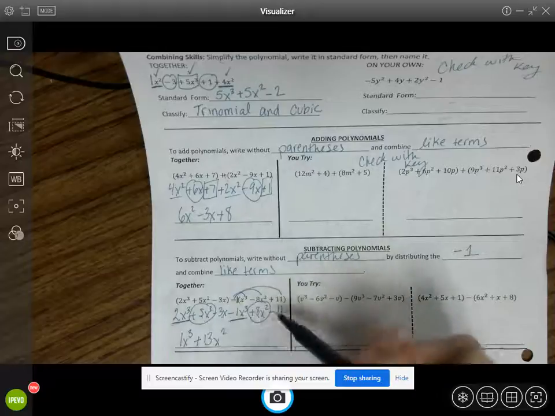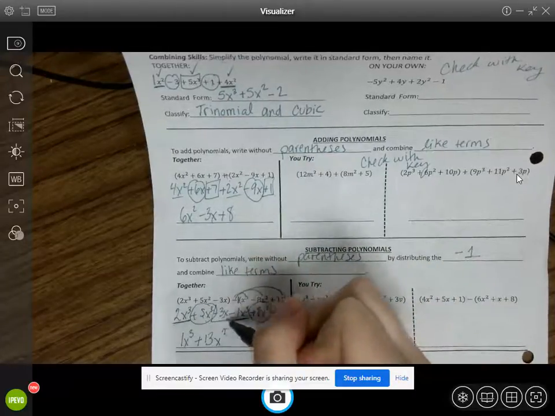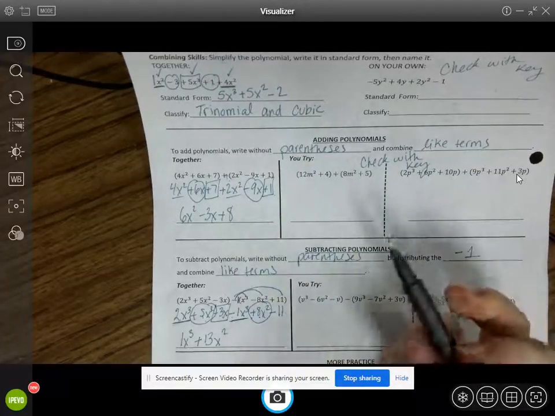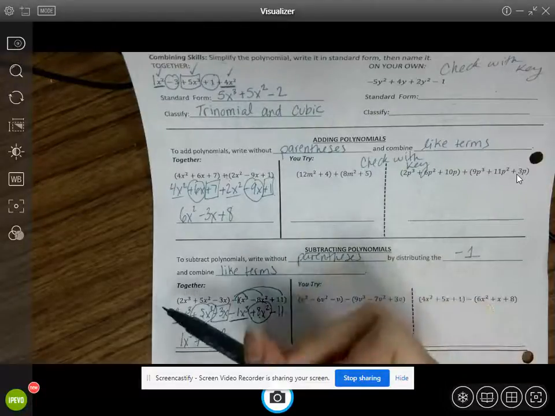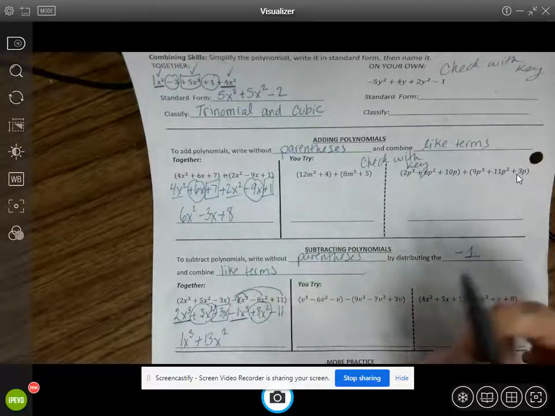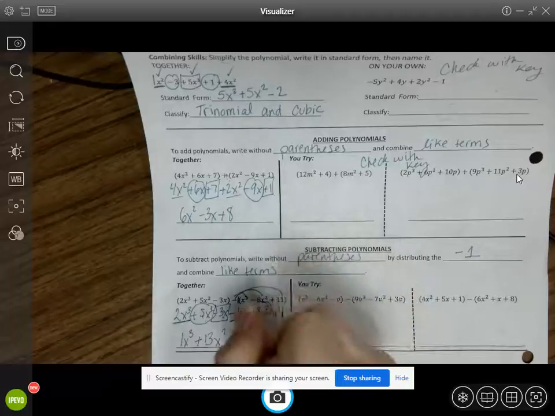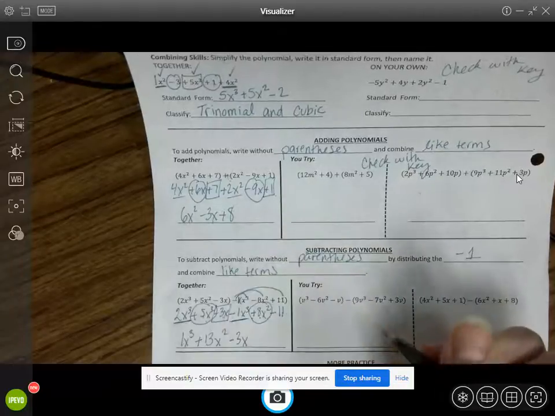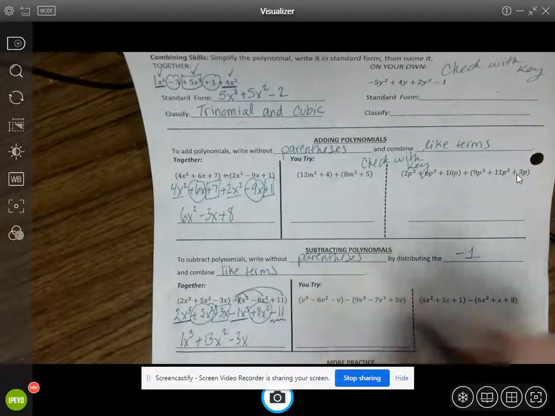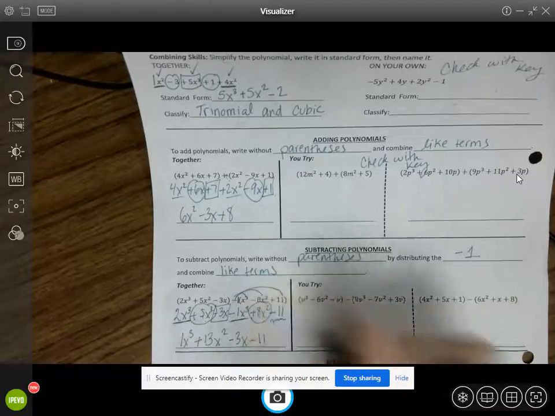Then I'm going to look at my remaining terms. My next largest is this -3x because the exponent is 1. If I look at my remaining terms, I don't have any like terms with that one, so I'm just going to bring down -3x. And then that leaves me with my last term, -11.